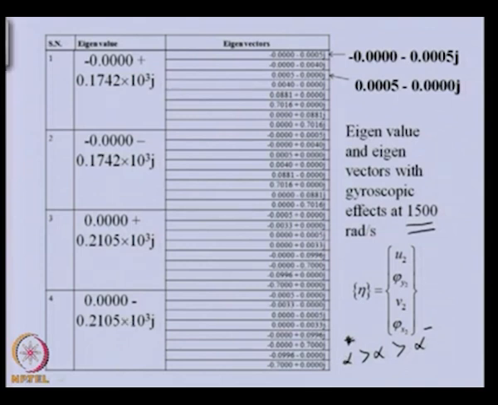And if we see the eigenvector, because the reduced form of the eigenvector had this form, and the state space form of the eigenvalue had 8 by 8 size. That means, we had stacking of this eigenvector as eta and eta dot.